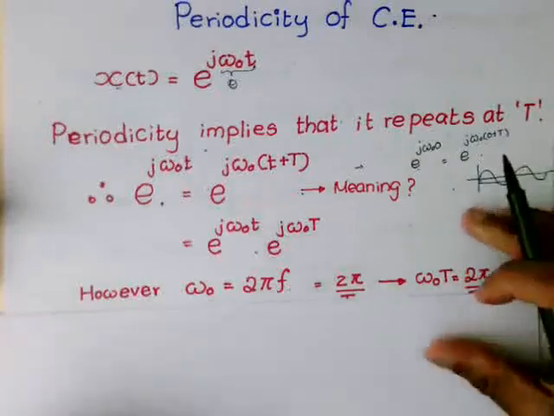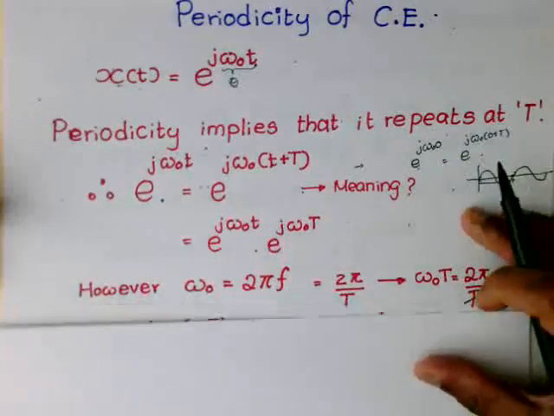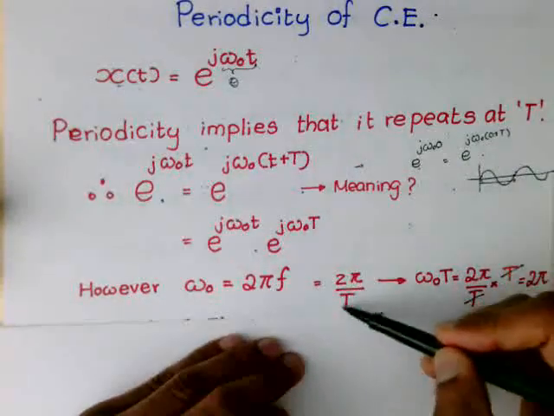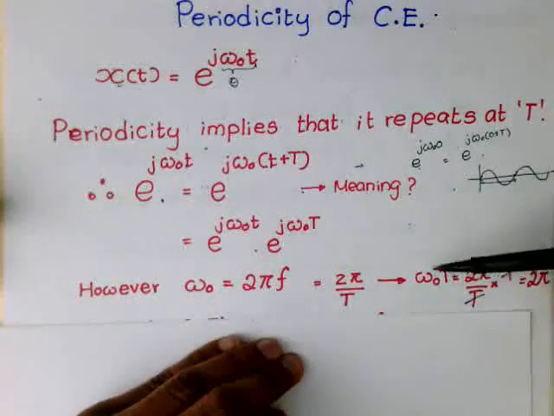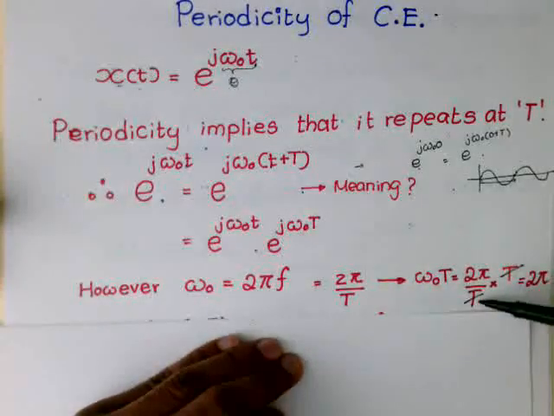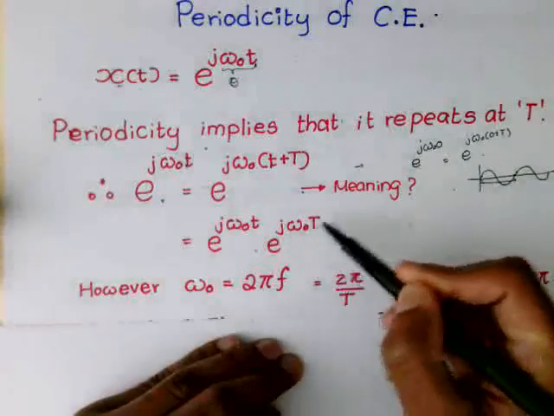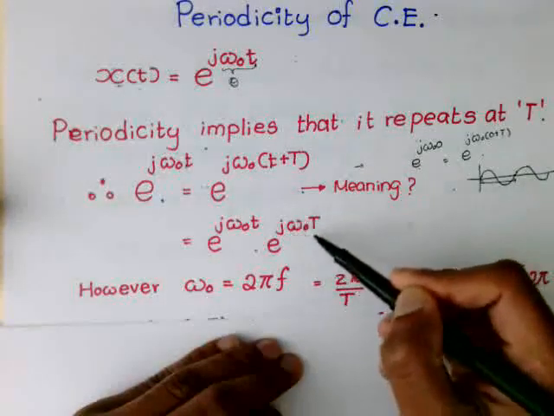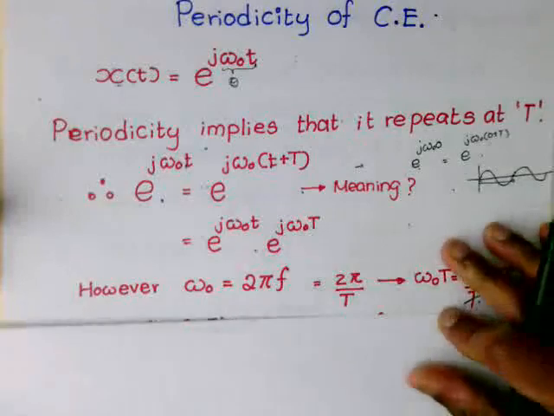And f is 1 over T. Therefore, in omega naught T, the T and T cancel out, and we are only left with 2 pi. So what we'll have ultimately in this place is e^(j 2 pi).